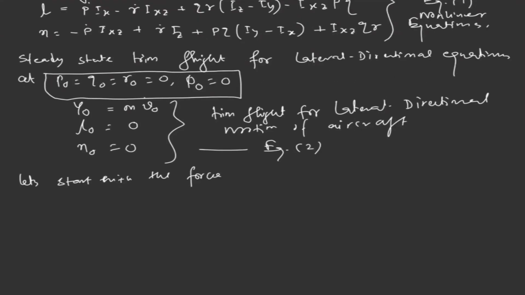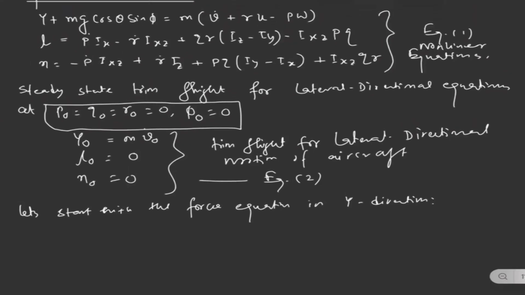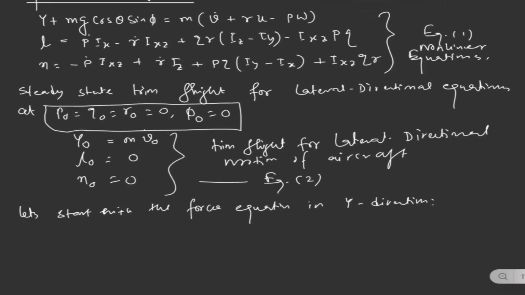Let us rewrite the force equation along y direction: Y plus mg cos theta sin phi equal to m into v dot plus ru minus pw.